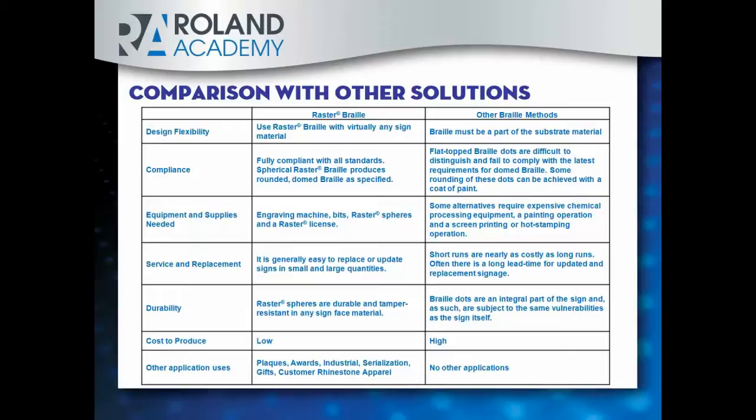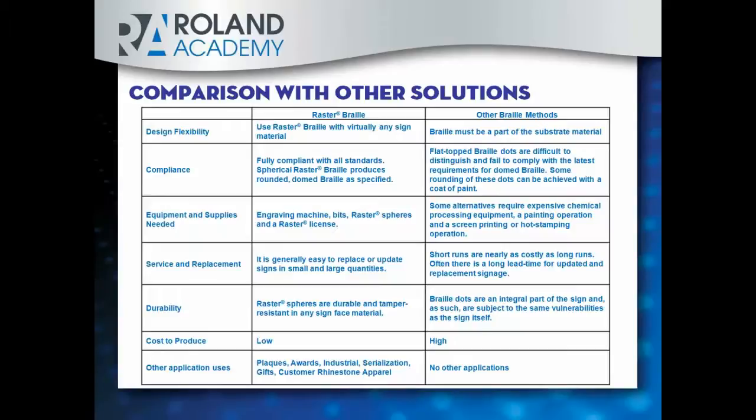The equipment and supplies needed, with raster braille, it's just simply the engraving machine, rasters, cutters, and the license. With photopolymer, you've got to have chemical processing equipment, paint operations, screen printing, hot stamping. You got to have a film printer for doing the films, for etching. So that's quite extensive.